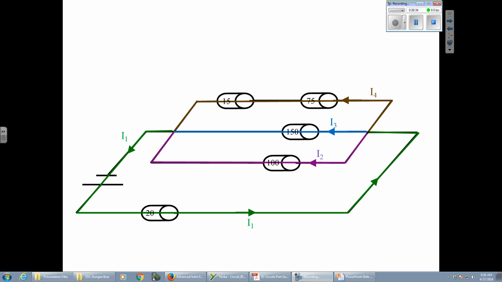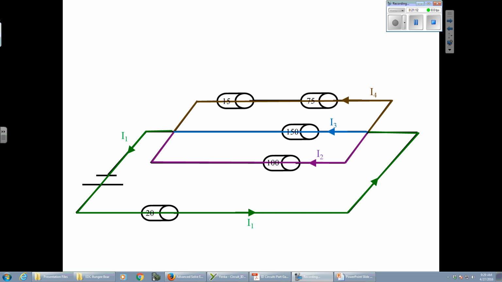So how many unique junction equations are you going to get out? If there are 2 junctions, how many unique junction equations are you going to get? Remember, this is a special case. 1. Because if you had 3 junctions, you get 3 equations. 4, 5, 6, and so on and so forth. But with 2, you're going to get the same equation twice. So you should have 1 junction equation with those 4 currents.